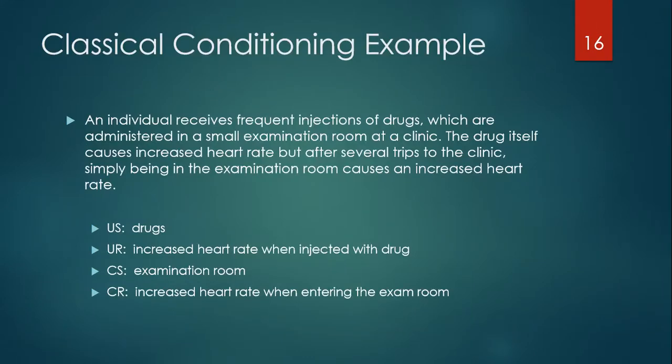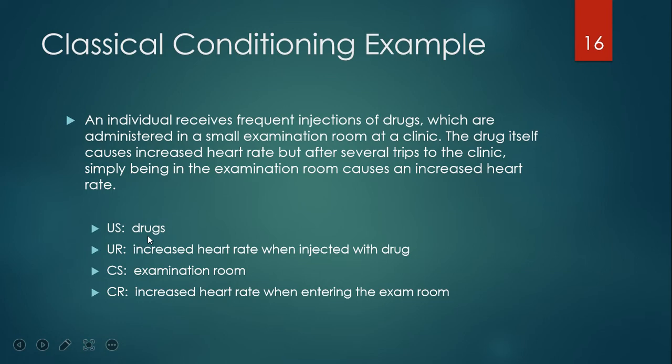We finished up the last video with this one example here, talking about the unconditioned stimulus, which would be the injection of drugs, the unconditioned response, which would be an increased heart rate when you are injected with those drugs, the conditioned stimulus, that is learned to be associated with the drugs, is the examination room, and the conditioned response is an increased heart rate when we are exposed to the conditioned stimulus, which is the examination room. So an increased heart rate when you enter the exam room.